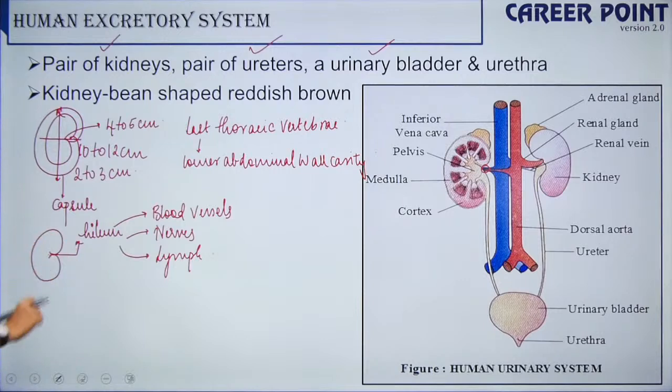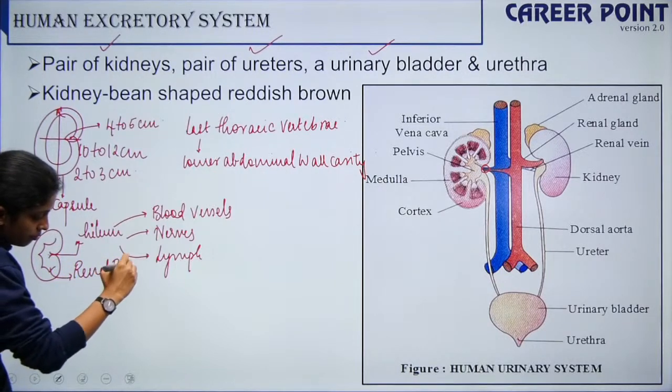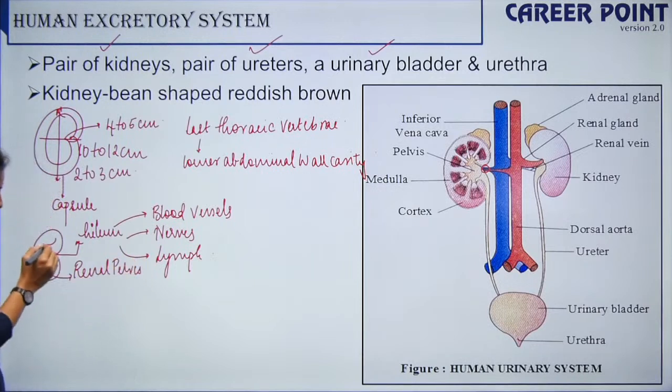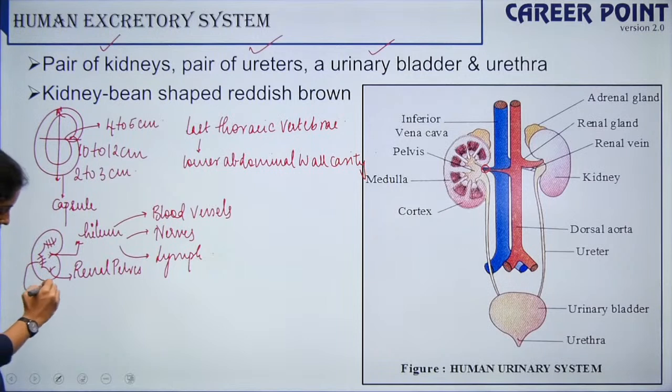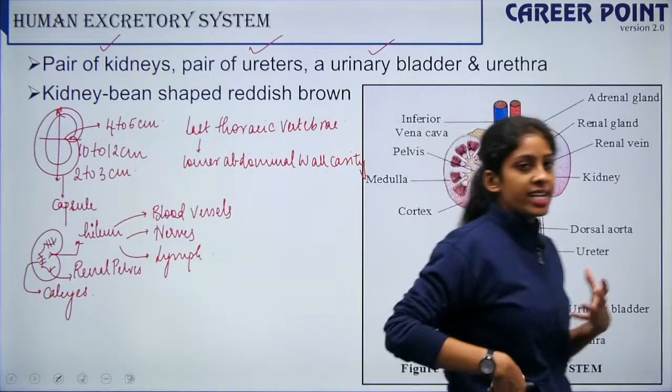Inner to the hilum, you have funnel shaped structures like this. That is called the renal pelvis. The renal pelvis opens into projections like this, known as calyces. Clear? Yes. So the kidney is bean shaped.